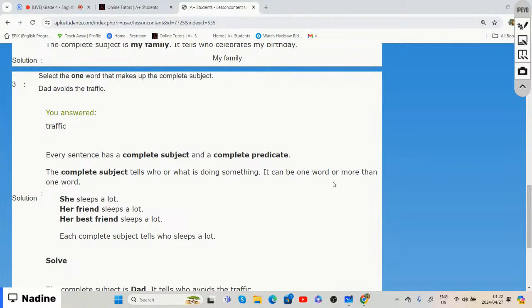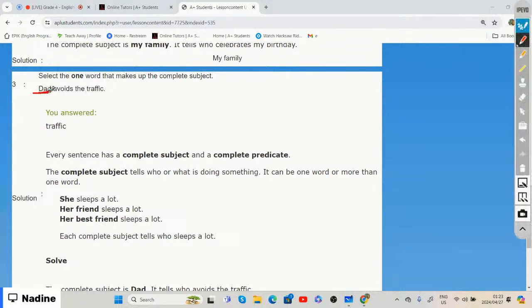So we're selecting one word within that sentence to make up a complete subject. All right, and if we select our subject, we can say it's dad.